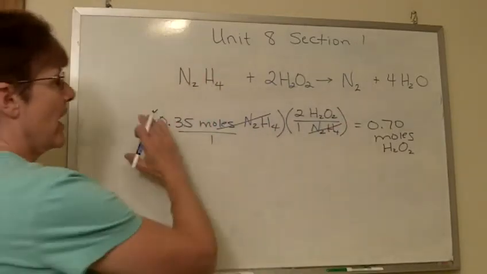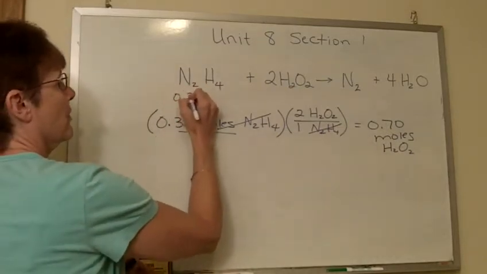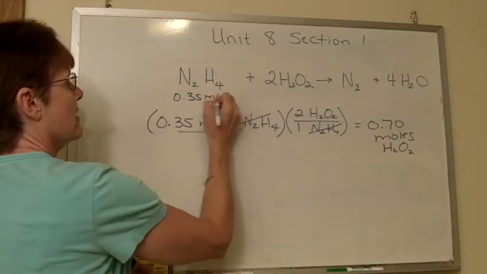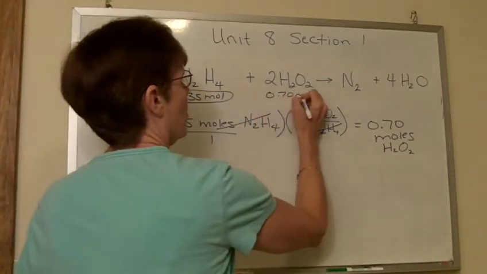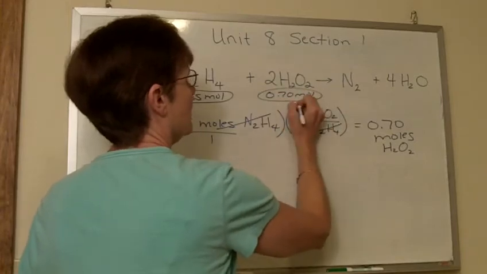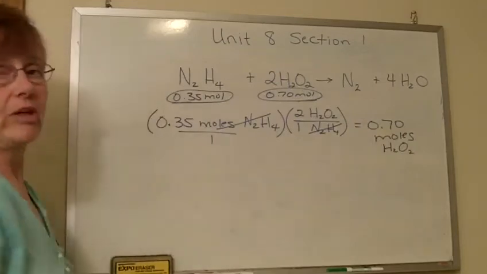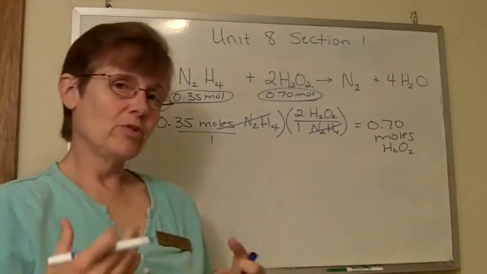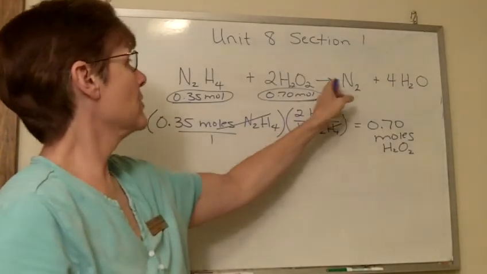All right, so let's look at, given these amounts, 0.35 moles of this, and 0.70 moles of this. So now let's look, if these two reacted, how many moles of each of these would we get? Well, hopefully at this point, if you're tracking with me, you would say, well, the coefficient here is the same as here.